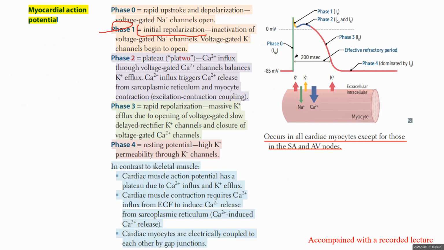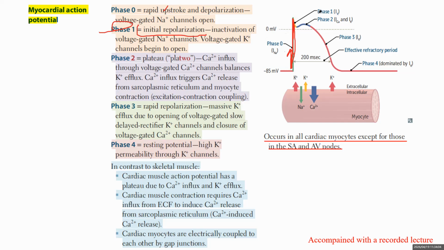After the rise into the upward stroke, during the initiation of the myocardial action potential in a myocyte, the membrane potential shows a small downward notch. This green part you're looking at is the upward phase, because there's a rapid upstroke and depolarization.